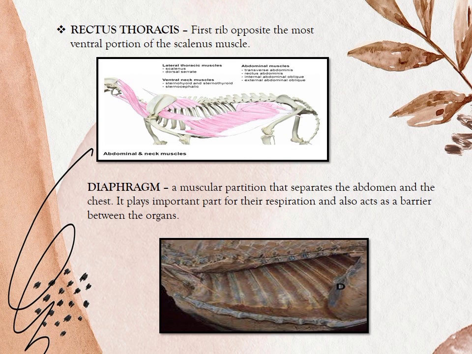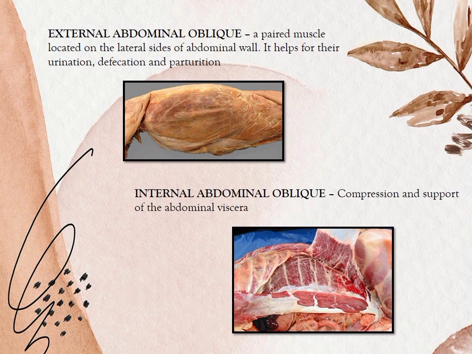And then the next one is the external abdominal oblique. It is the largest and the most superficial of the lateral abdominal muscles. It lies beneath the thoracic and abdominal skin, covering the internal abdominal oblique and anterior halves of the ribs and intercostal muscles.